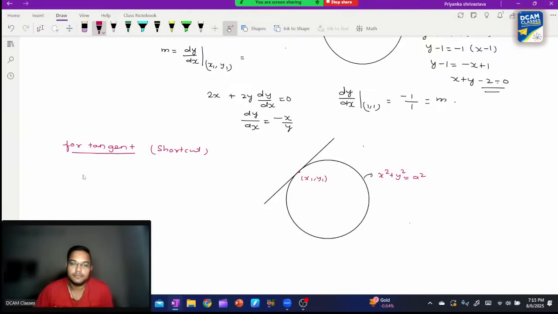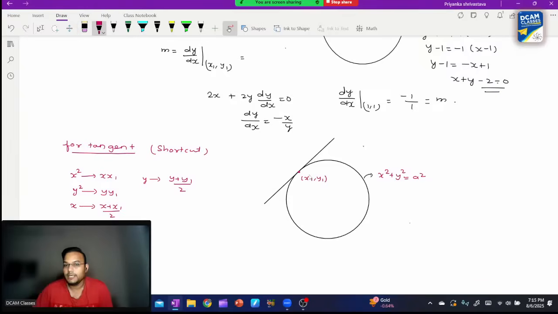What you have to do, the shortcut is, you have to replace x square with x1, y square with y1, x with (x plus x1) by 2, y with (y plus y1) by 2, like that.